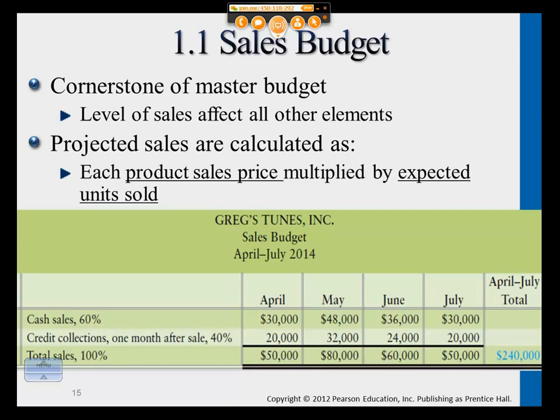It's your cornerstone, okay, in your master budget. So once I know my levels of sales, I know how it affects the rest of the budget. You see? So my sales are going to affect the rest, all other components of the master budget.